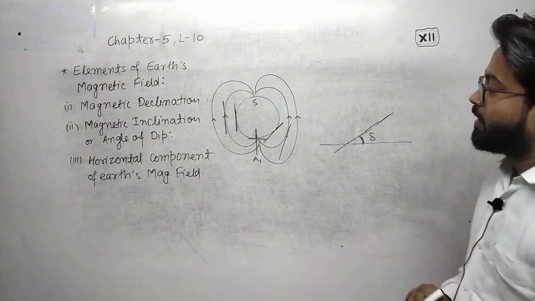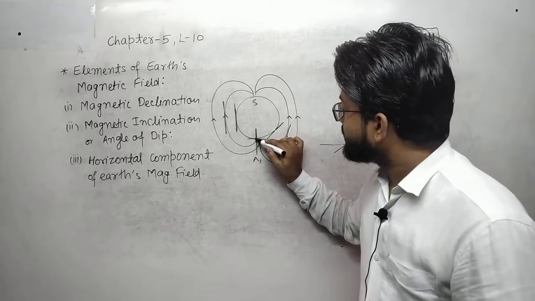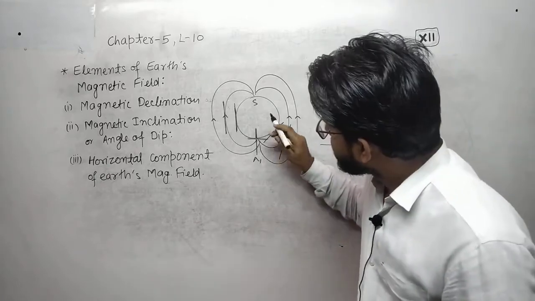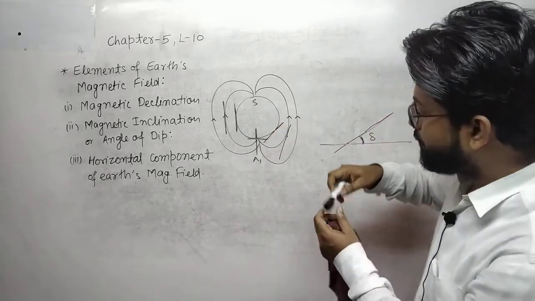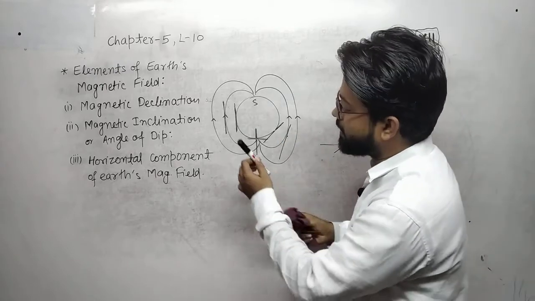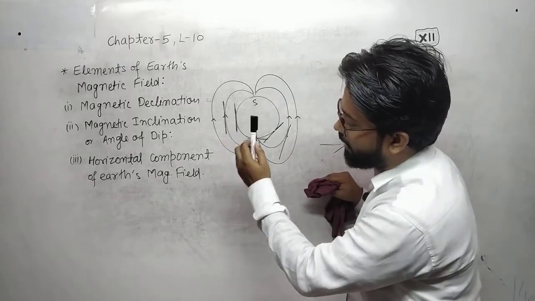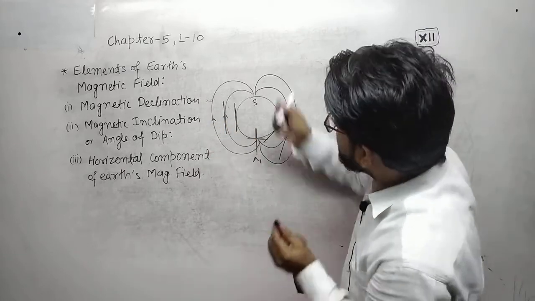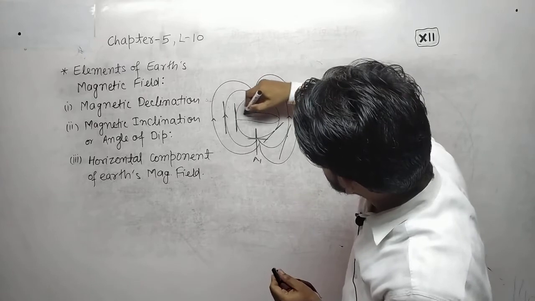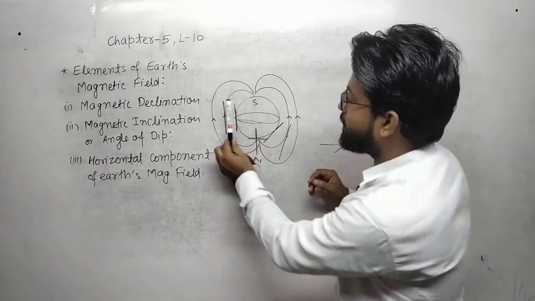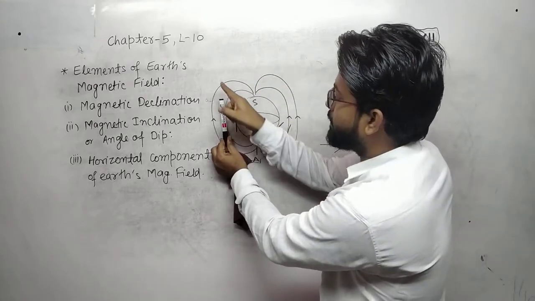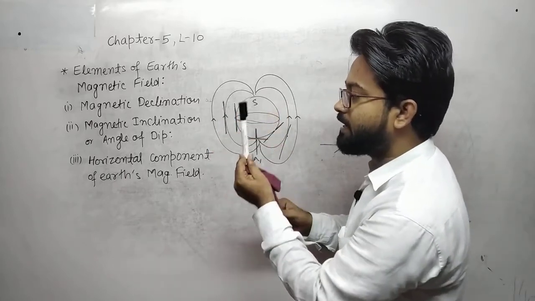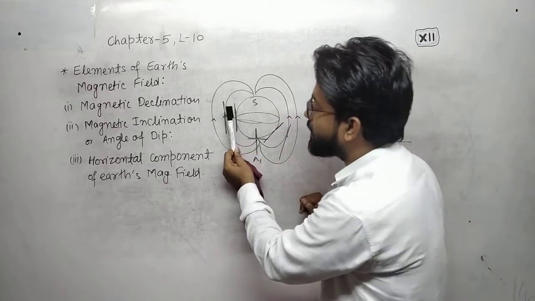If we take a magnetic needle, it will change its angle with the Earth's surface at every position. At the equator, the magnetic needle will be along the magnetic field line.